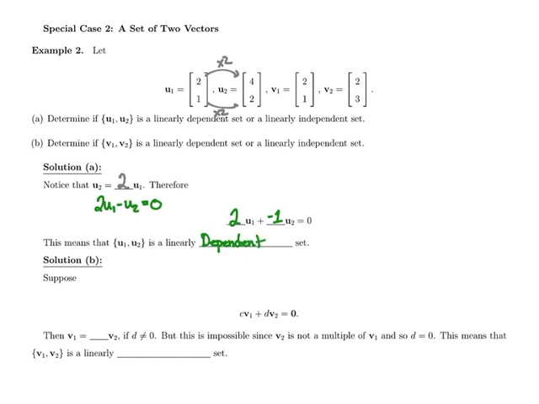For the second pair, v1 and v2, we can see that v2 is not a multiple of v1, because if it were, the first entries would be times 1, and the second entries are times 3. They have to be the same number to get a multiple. So we don't have the same case that we had in the first problem.